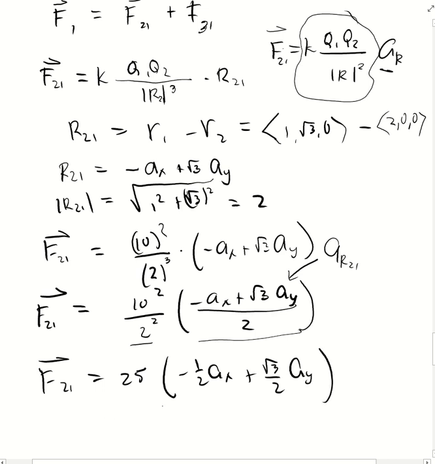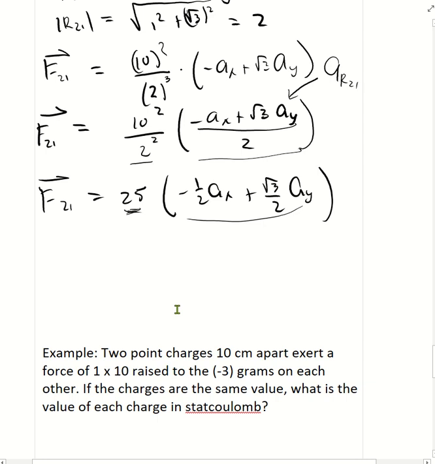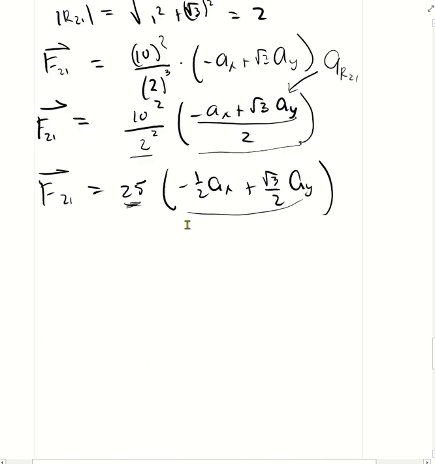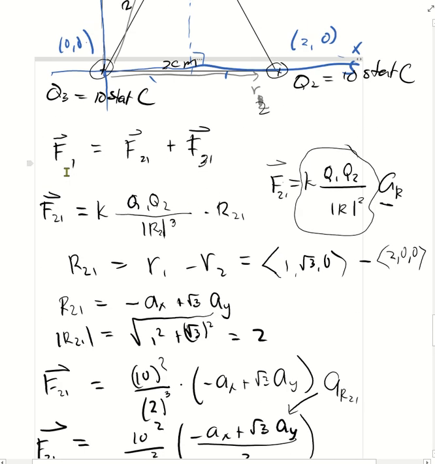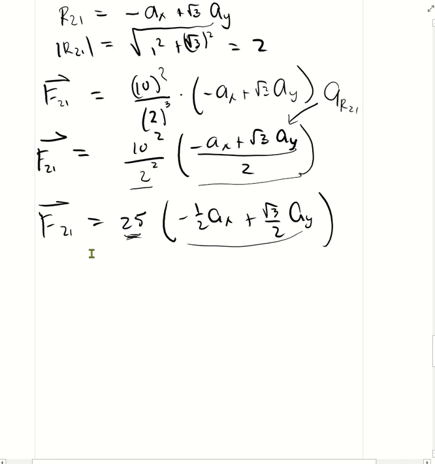I don't need to distribute this now because I'm only interested in the magnitude, because this is the magnitude and this is the direction. But before that, we need the direction, because what we want is the magnitude of F1, not the magnitude of F21. So that's still correct.